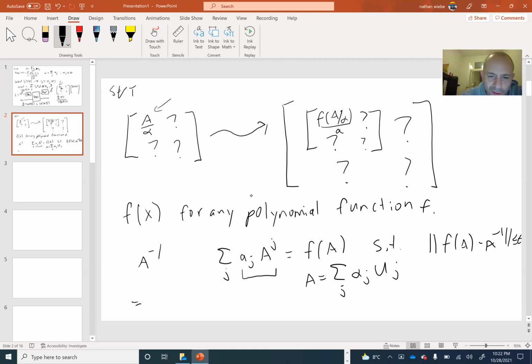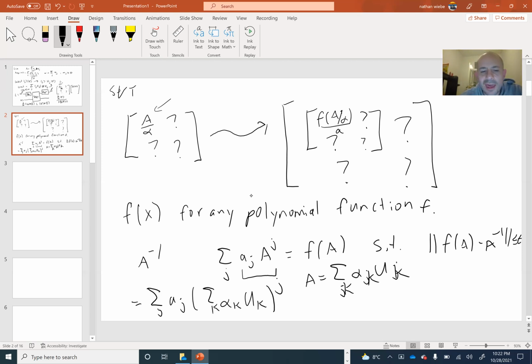So if I substitute this in, let me change that to k, then this is equal to sum over j, a sub j, times sum over k, alpha sub k, u sub k to the jth power.